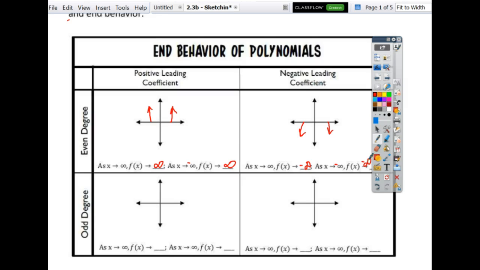An odd with a positive leading coefficient, it's down and up. And it's the opposite with a negative leading coefficient.